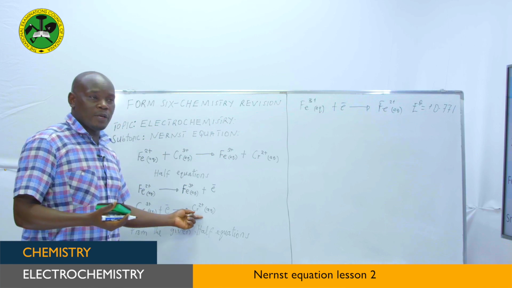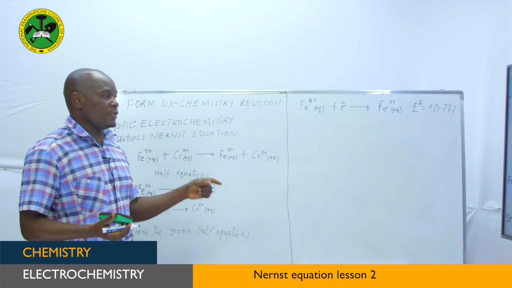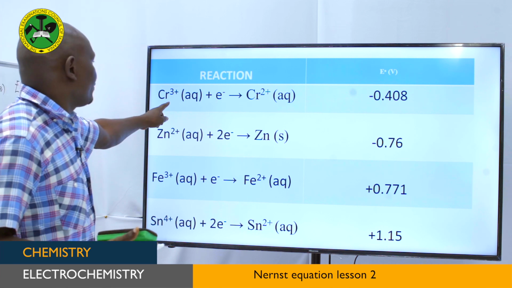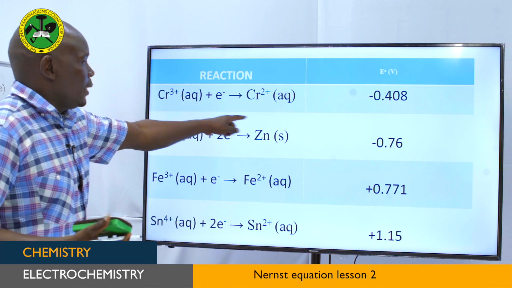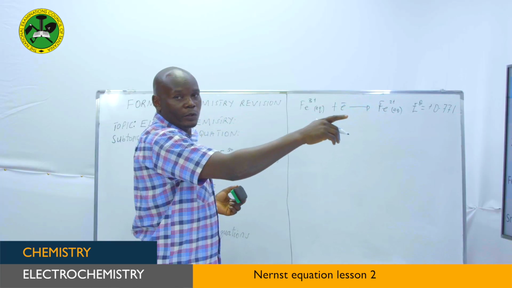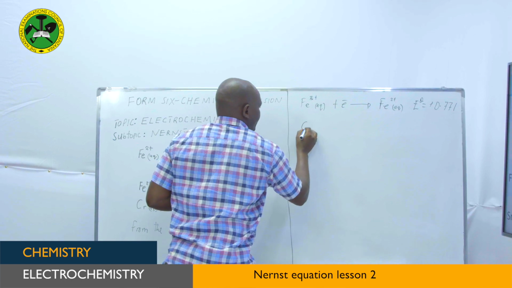But let us now compare it with our half cell reduction equation, which is for chromium. Here we have been given it is from chromium 3 to chromium 2, and its standard electrode potential is negative 0.408.